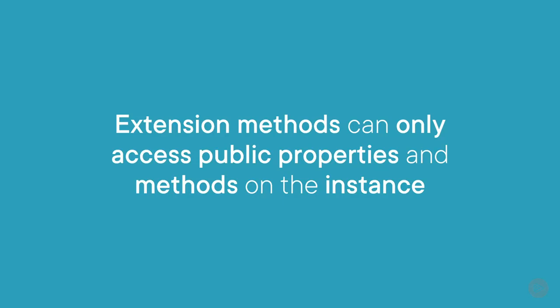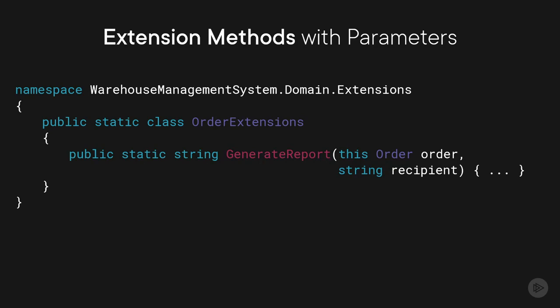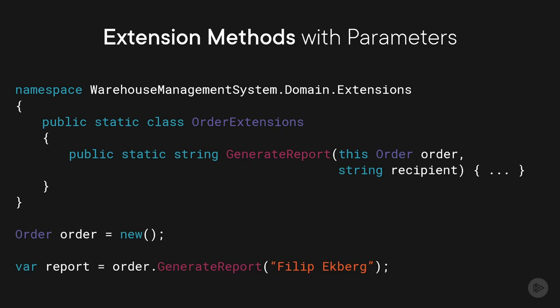This is also why you'll only be able to access properties and methods on the type that you are extending, which are public. You could add additional parameters as well. This would mean that when you invoke this method on an order instance, you have to pass that parameter, just like a normal method call.